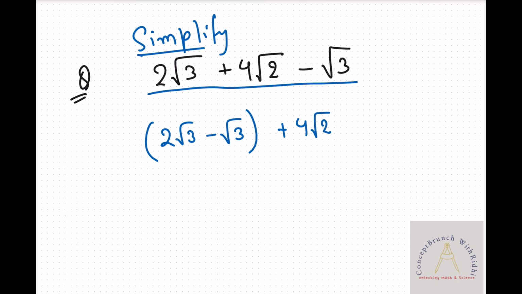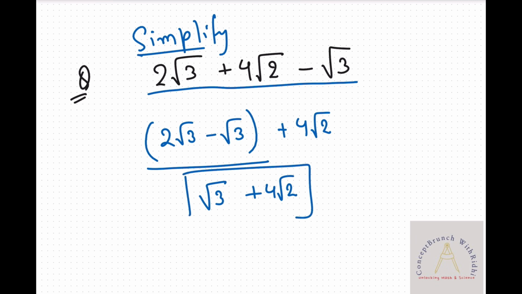The answer will be root 3, because 2 minus 1 is 1 and we don't write the 1, so just root 3 plus 4 root 2. Notice that since the surds are different in the question, we cannot combine them further. So this is your final answer.